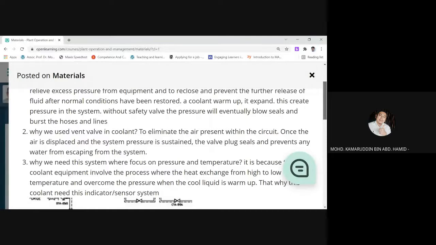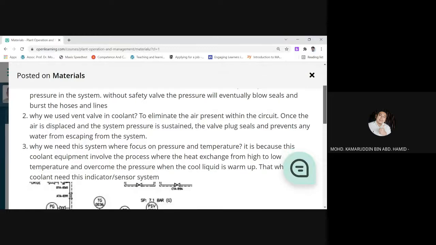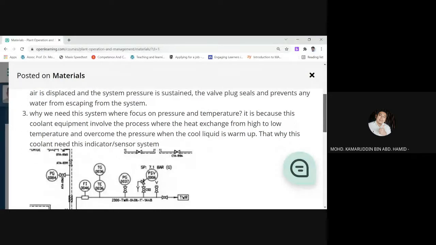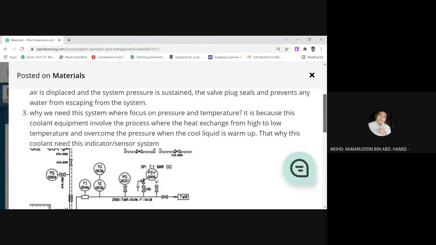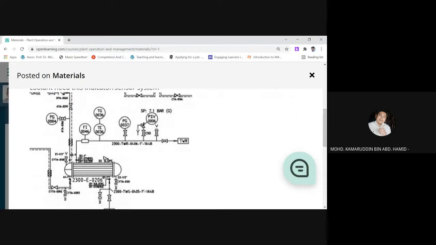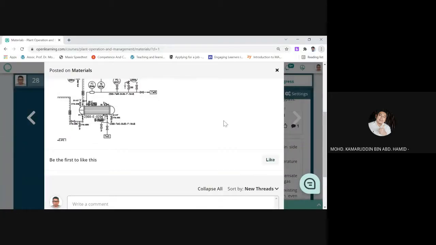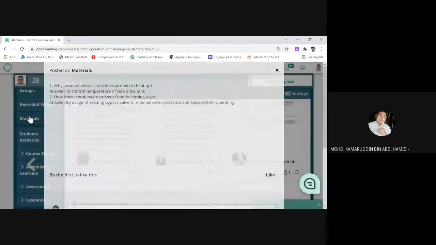Venting is basically the second layer of safety, the vent valve. Why does this system need you to focus on the pressure? I also mentioned this, because we are talking about boiling point here. So hopefully we can answer that.